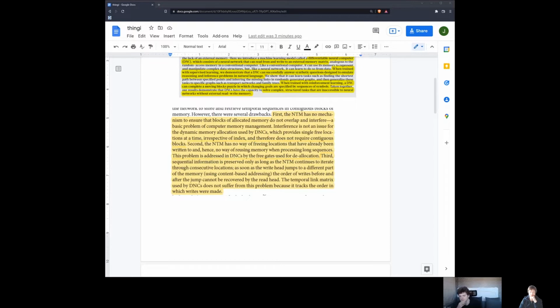Actually, they talked about the complexity of the link matrices as well. You have an n by n matrix that links all the memory locations together. The more memory you have, the bigger the matrix; it grows by the square.